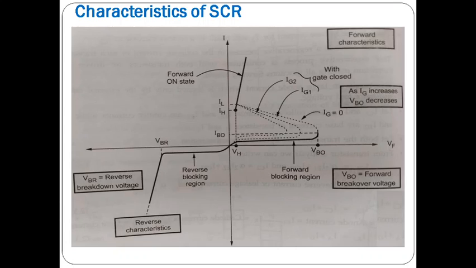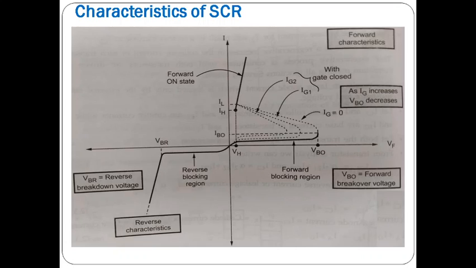Here we mention the two currents in the forward bias. One is IH, the second one is IL. IH is the holding current. It is the value of current below which the SCR switches from the conduction state to forward blocking state.